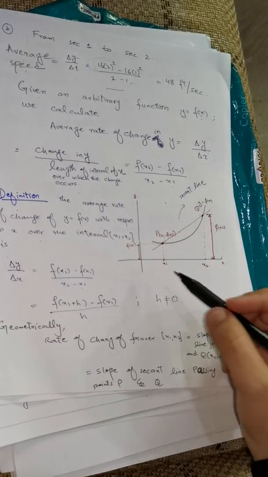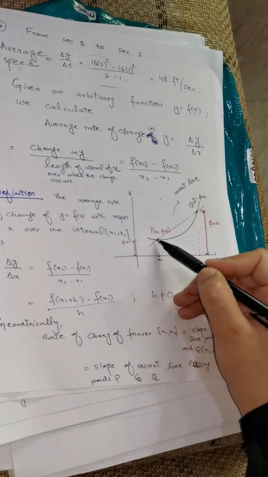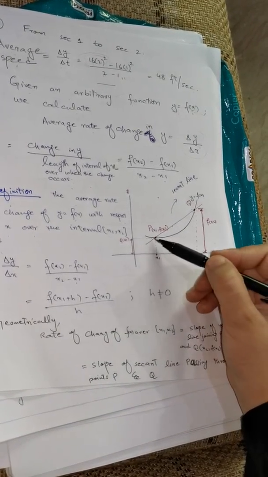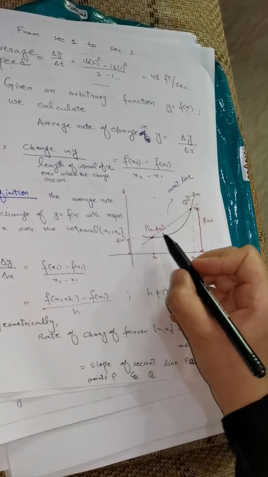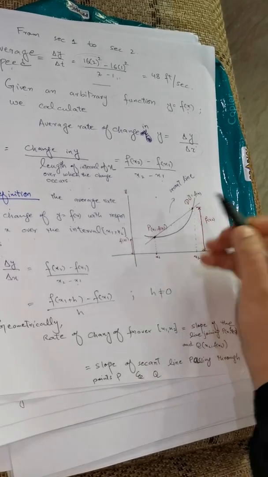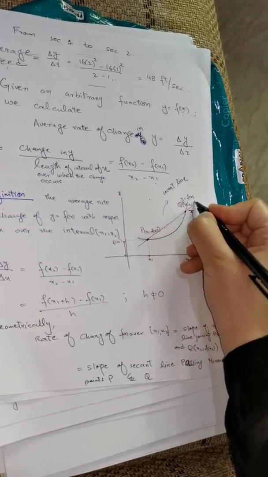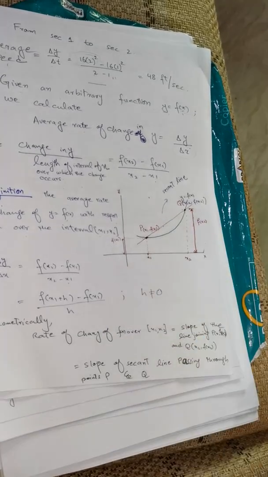That is called a secant line. This line cuts the graph. Which one is the graph? Y is equal to f of x, shown by the black line, is the graph. It cuts the curve at 2 points, point P and point Q. The coordinates of point Q are x2 and f of x2.